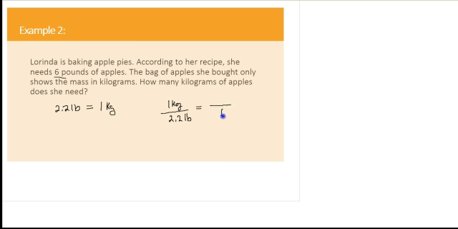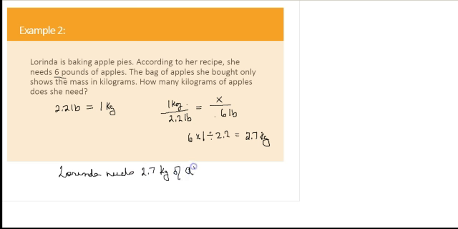We know that we have 6 pounds, and we want to know how many kilograms that is. So we take 6 times 1 divided by 2.2, and that's going to tell us how many kilograms we have, and it is 2.7 kilograms. So Lorinda needs 2.7 kilograms of apples.